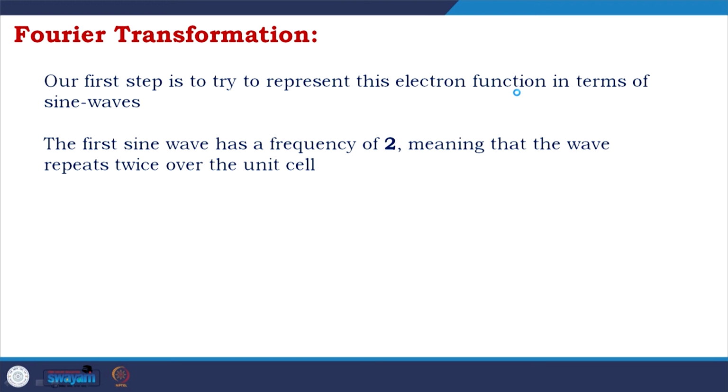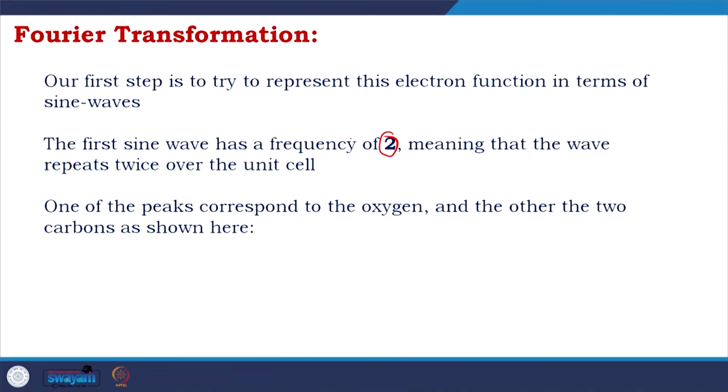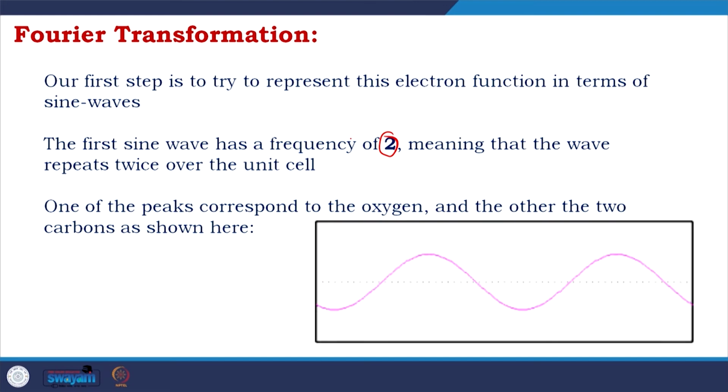The first sine wave has a frequency of 2, meaning that the wave repeats twice over the unit cell. So, you have 3 atoms, 2 carbon and oxygen, so 2 types of atoms. When it is 2, one would be representing the carbon and one would be representing the oxygen. So, one of the peaks corresponds to the oxygen and the other to the 2 carbons, as we could see here.